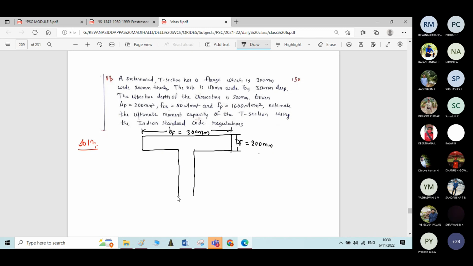Okay. The rib is 150 wide and 350 mm deep.